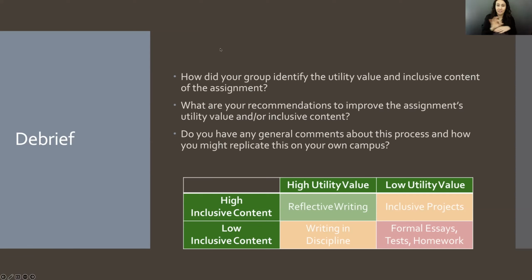The low utility, because I think it was very activity driven. It didn't start with the big picture, as Wiggins and McTighe would say, right? So to me, if I was a student, I wouldn't know why I'm doing this. I just have to get through it. And again, transfer, right? That doesn't lead to transfer. It's not bringing me into the assignment.